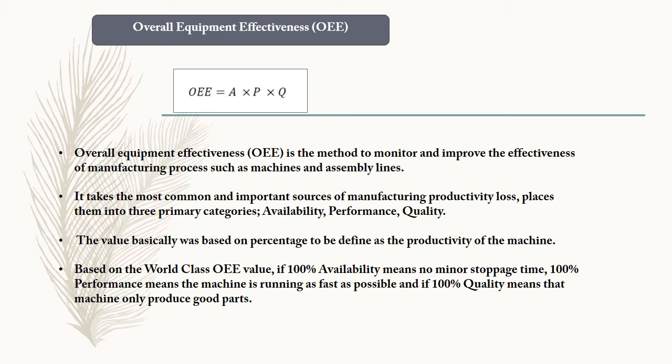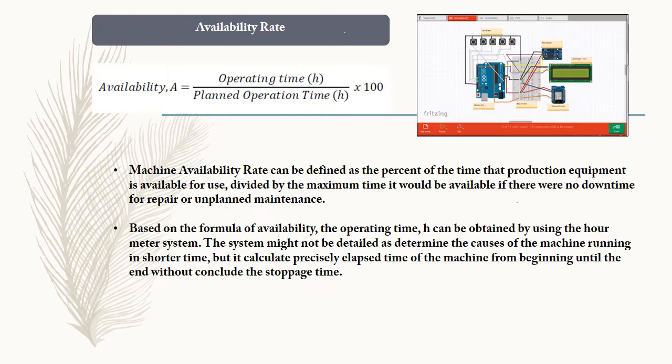The value is based on percentage, defined as the productivity of the machine. Based on the world-class OEE value, 100% availability means no stoppage time, 100% performance means the machine is running as fast as possible, and 100% quality means that the machine only produces good parts.